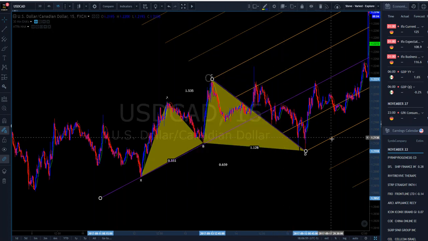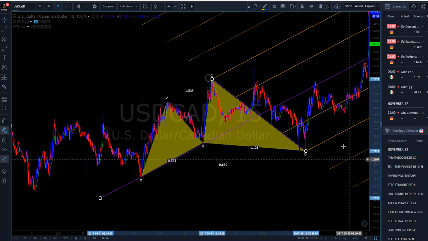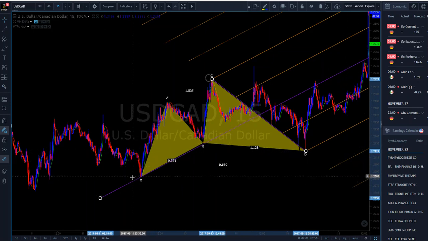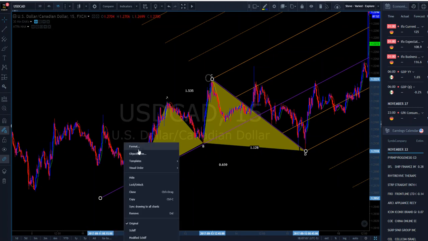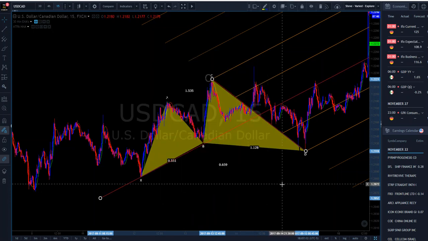So now you can tell the difference between the lower parallel and a warning line because the warning lines are dotted. And if you want to go ahead and make your pitchfork yellow or orange too, you can. I know a lot of people like making it red or something that just stands out a little bit more as the median. And so there we have a pitchfork.